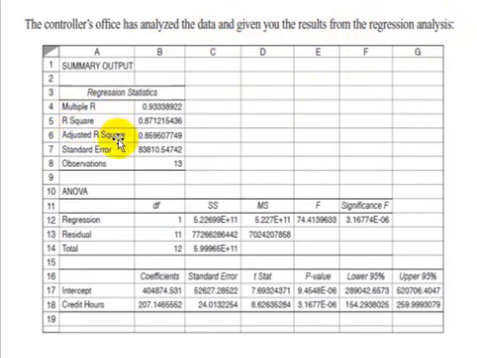Adjusted R square, standard error, observations, ANOVA analysis, and we have the intercept and credit hours coefficient, standard error, T statistic, P value, the confidence interval, lower limit and upper limit at 95%, or alpha of 5%.